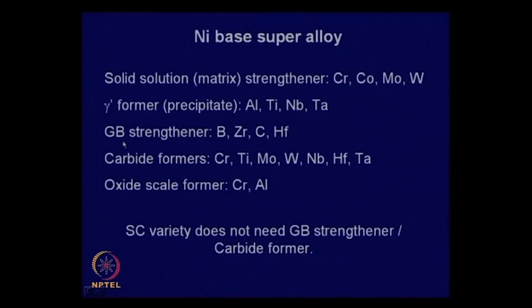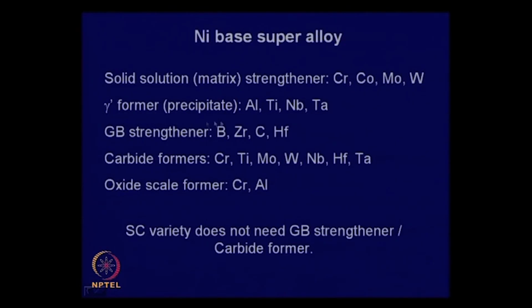And these are the alloy elements, a quick look which you can consider as a summary. You have certain alloy elements which are present in solid solution, and they are called solid solution or matrix strengtheners, and these are the elements chromium, cobalt, molybdenum, tungsten. Whereas, you also need to have precipitates.